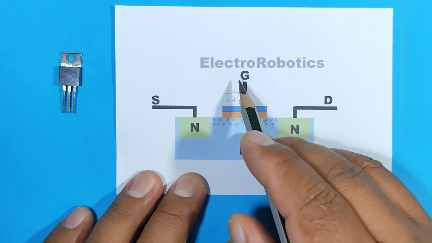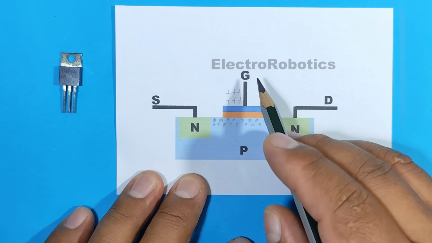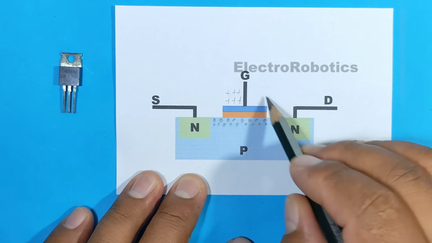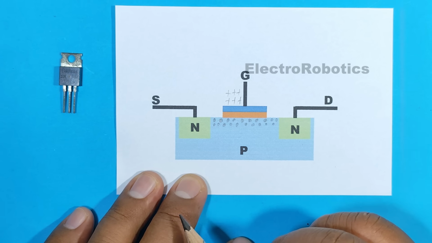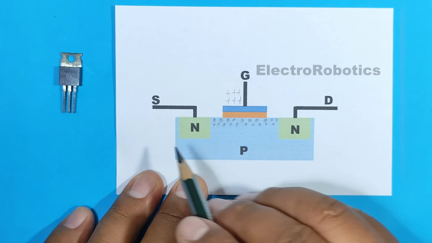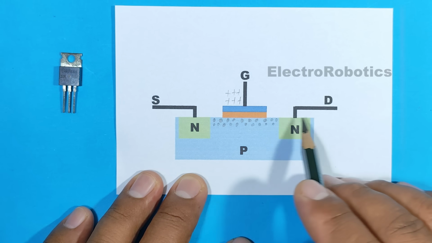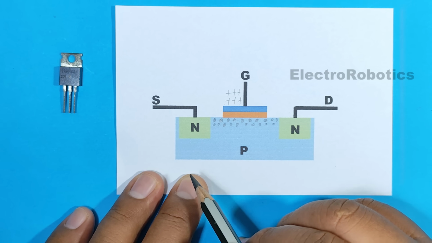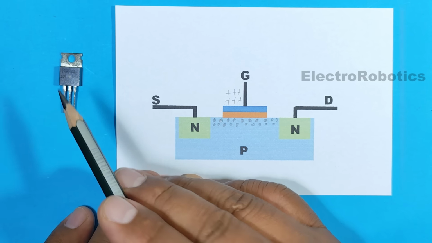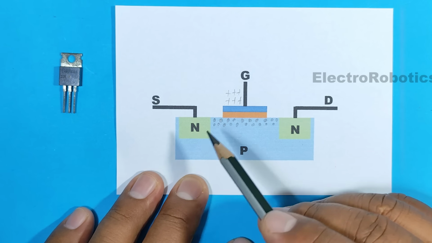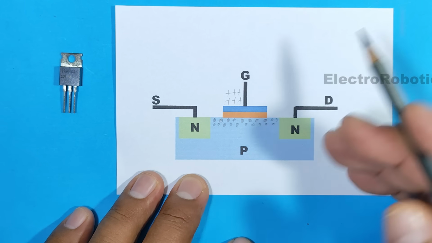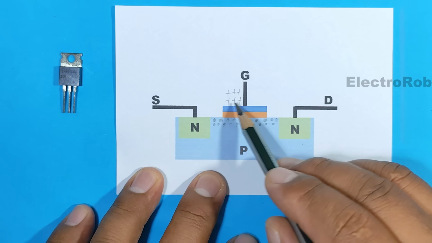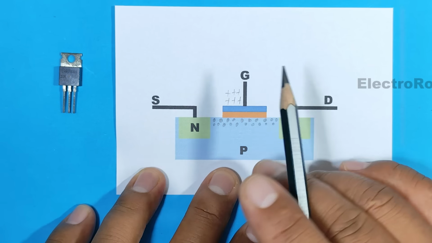However, when we remove the positive voltage from the gate, it will maintain the positive charge on its terminal, as if it were a capacitor. This allows the transistor to function even when there is no positive voltage on the gate. That is, the MOSFET transistor can latch and continue operating indefinitely until we discharge the positive charge on the gate by applying a negative voltage.